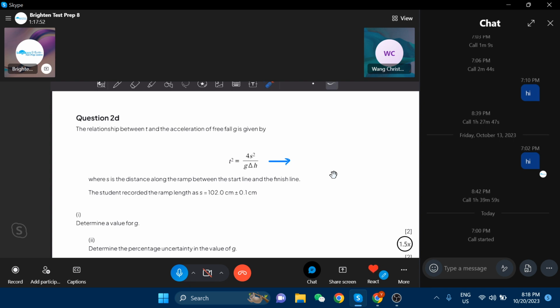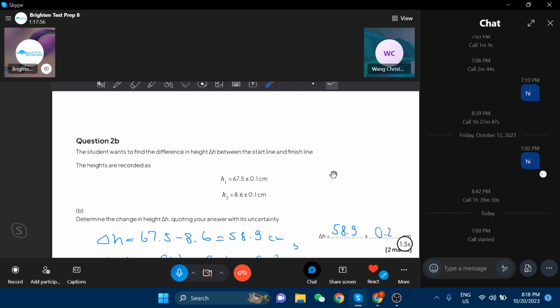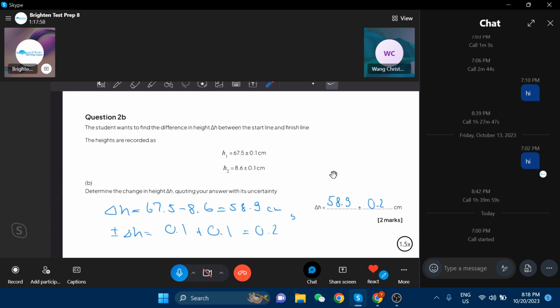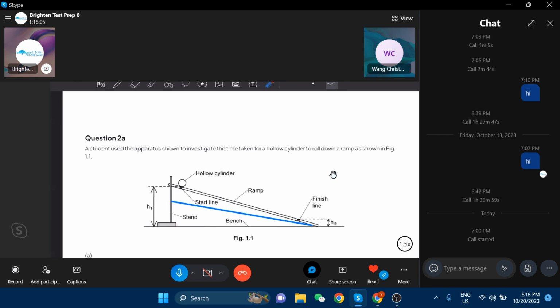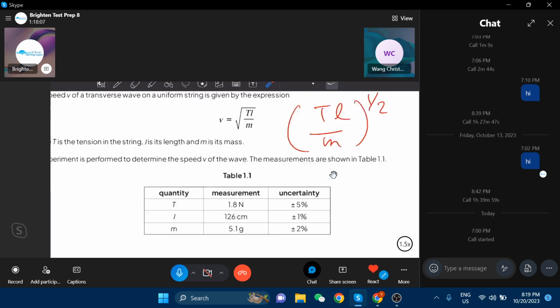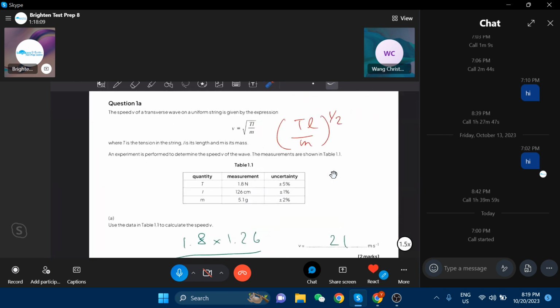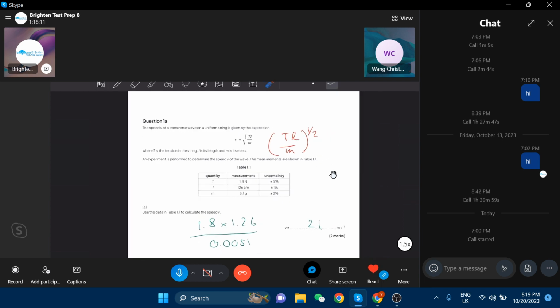What I want to drive home is, even if it's complicated, when we had to calculate the delta H uncertainty, what do we do first? Or the one with the velocity before, sorry about this one. So here, in this question, what did we calculate first when you look at this one?